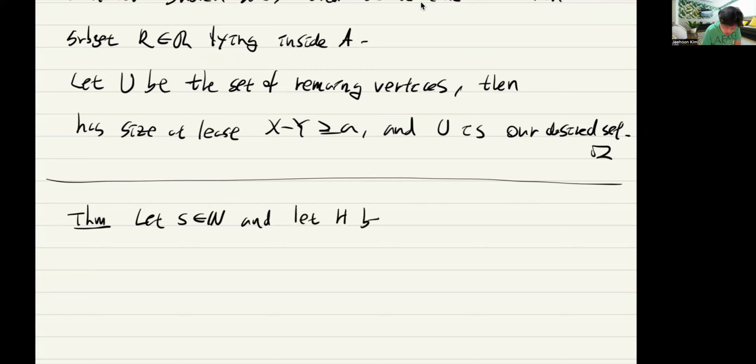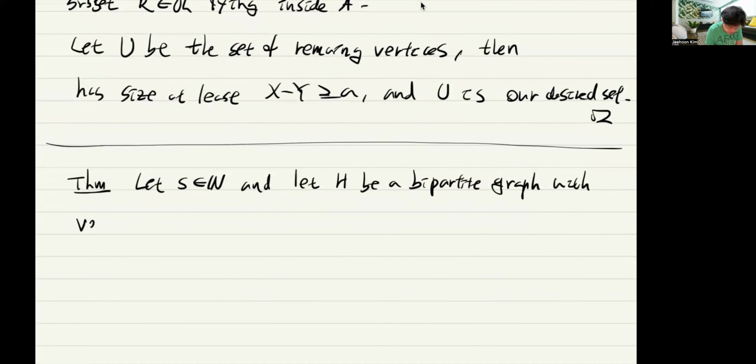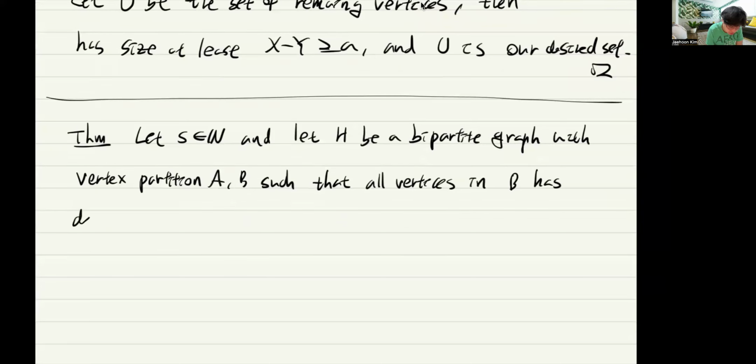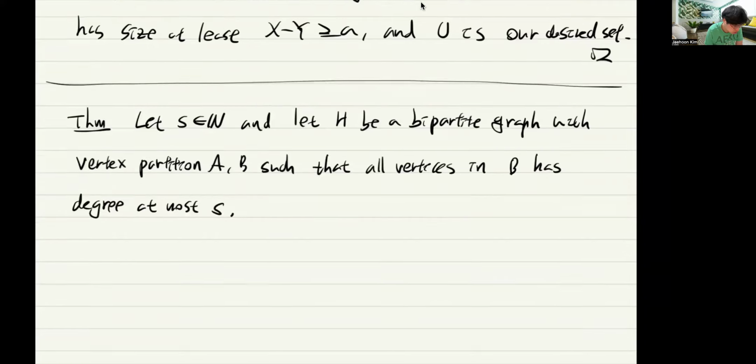Let H be a bipartite graph with vertex partition A, B such that all vertices in B have degree at most S.